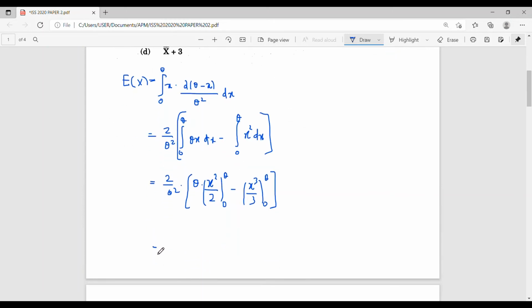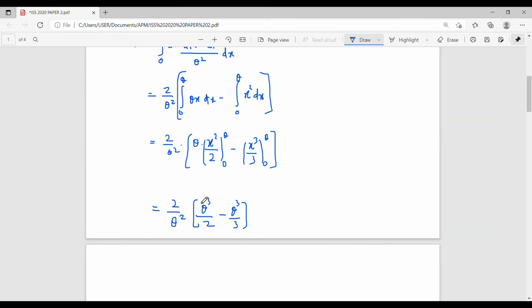This is equal to 2 divided by theta square into, putting the limits for x, theta cube divided by 2 minus theta cube divided by 3.